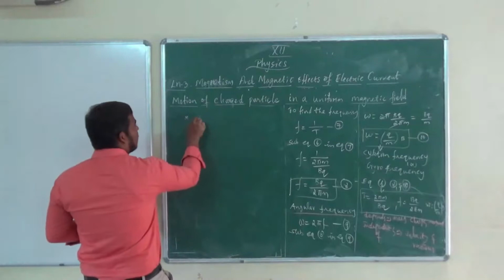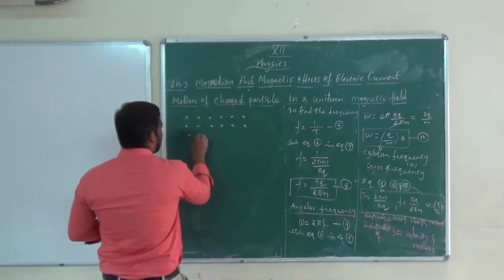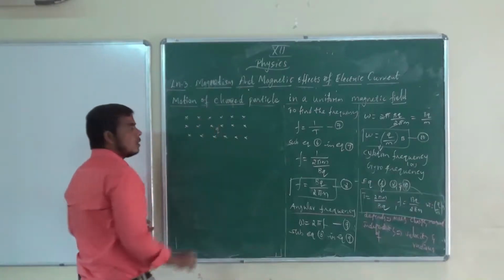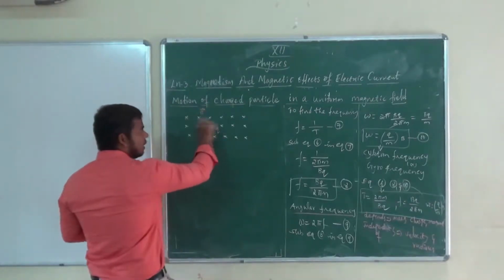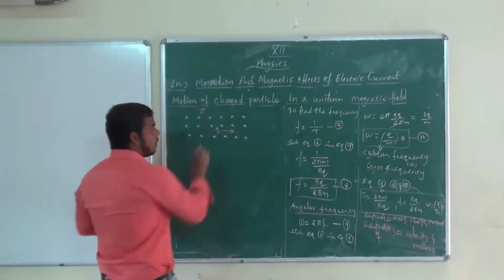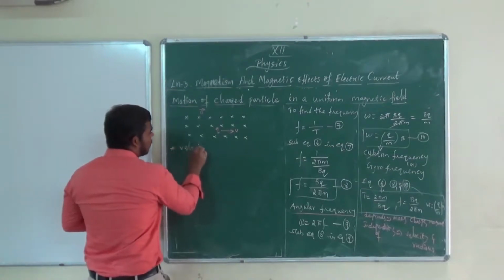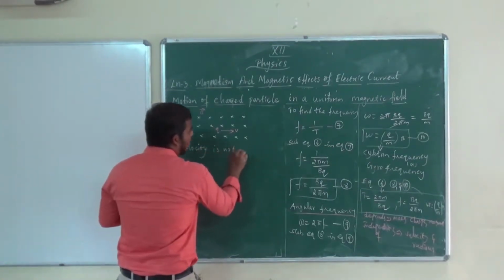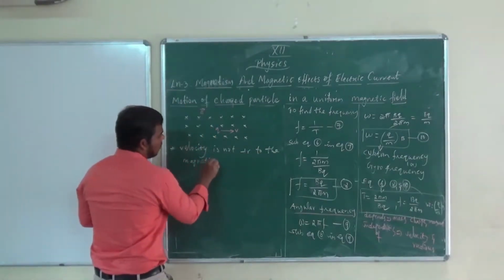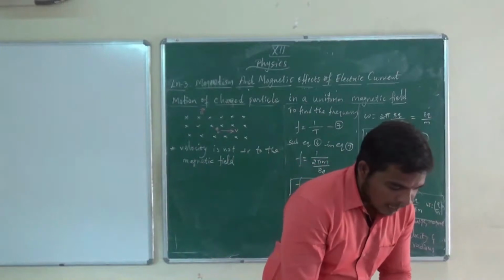Here the condition is that the velocity of the particle is not perpendicular to the magnetic field.